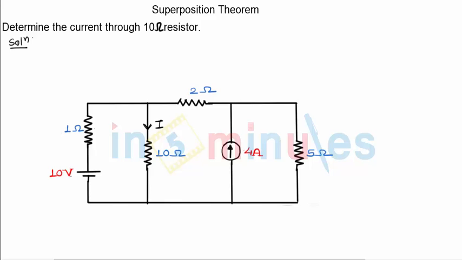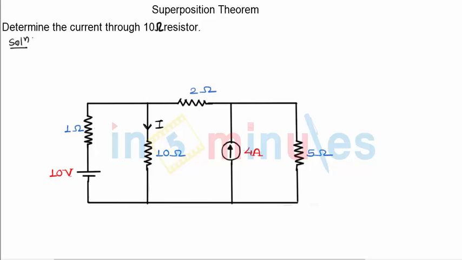So this is the superposition theorem. It's very simple to apply. The solutions will be a little lengthy because each step is like solving one particular circuit, but it is very simple in terms of its approach. In the individual steps, when you find the value of voltage or current due to any one source being active, you can use any method of analysis, either mesh analysis or nodal analysis.